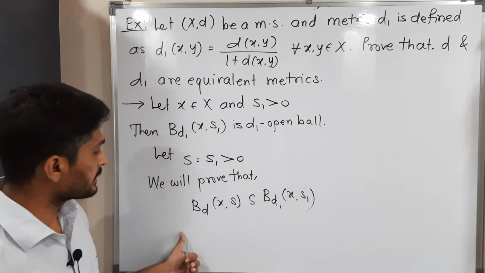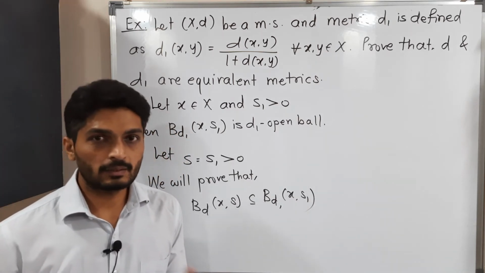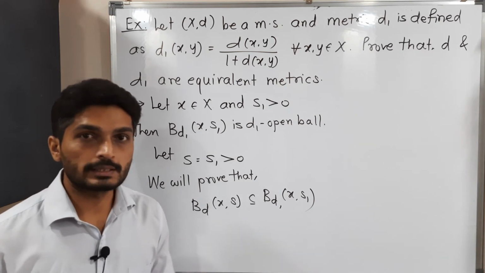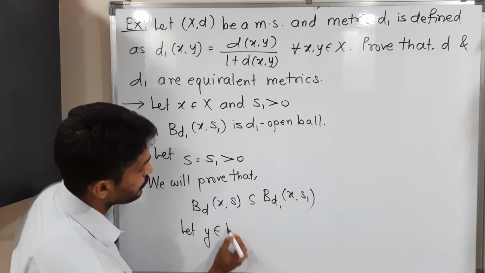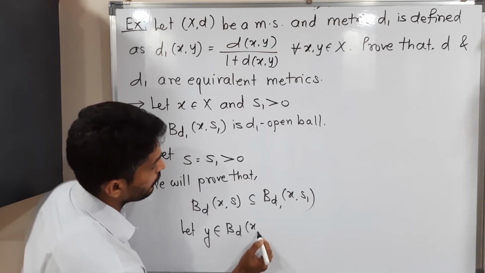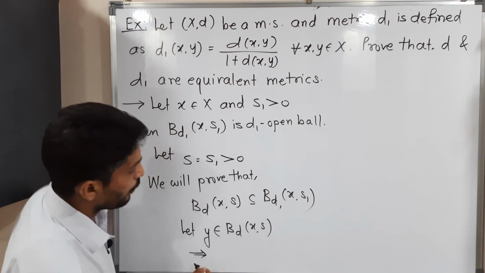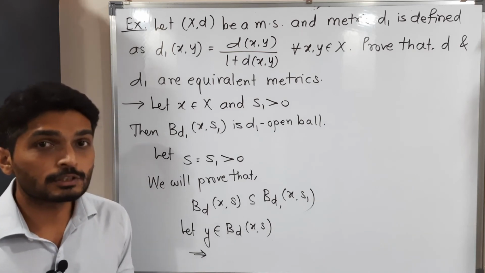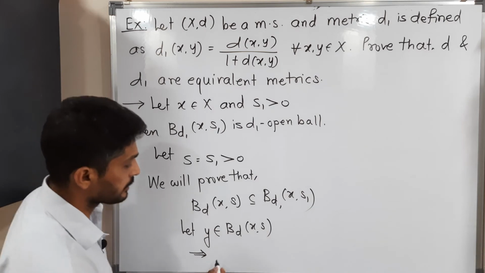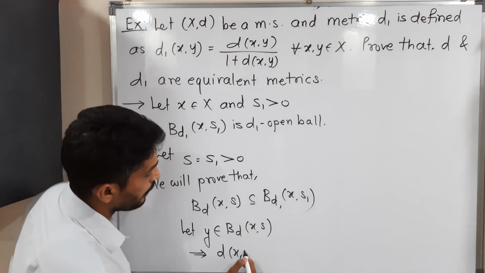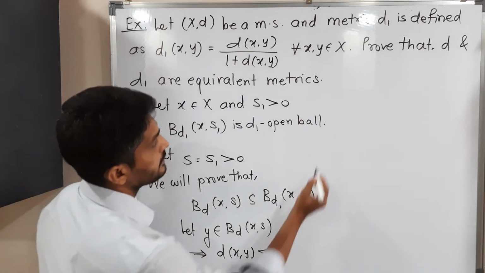How do we prove that one set is a subset of another? By selecting one point from the first set, we prove it is in the second set. Let y belong to this d open ball. That means the distance of the point from the center of the ball is less than its radius, so d(x, y) is less than s.